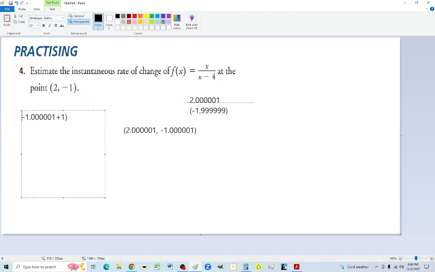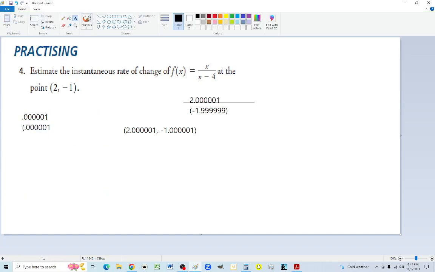So negative 1.00001 plus 1 is just the decimal, and then it's divided by my h. My h is 2.00001 minus the 2, which is this. Now it looks like it's 1, which would mean it's going diagonally right, because I've got 5 zeros here and 5 zeros here. So my rate of change is estimated at about 1.